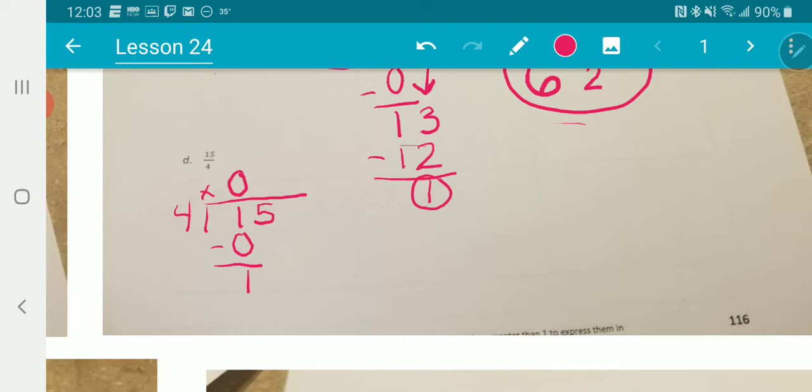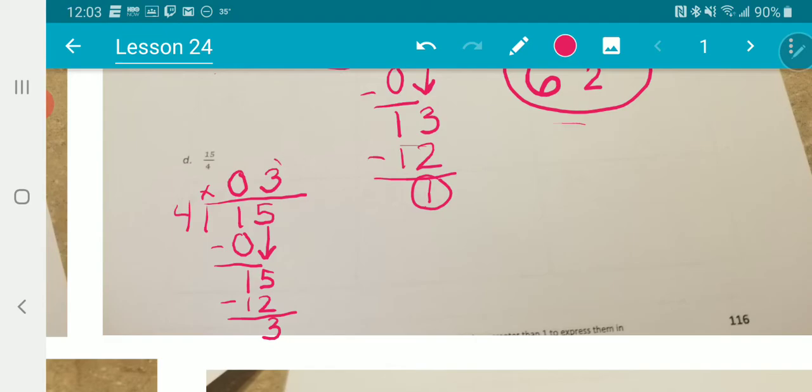I'm going to check my work, and then I'm going to bring down. Since I brought down, I need to repeat. So going back into divide, 4 goes into 15 3 times without going over. 3 times 4 is 12. I'm going to subtract and get 3. Check my work. There's nothing else to bring down, so therefore this is my remainder.